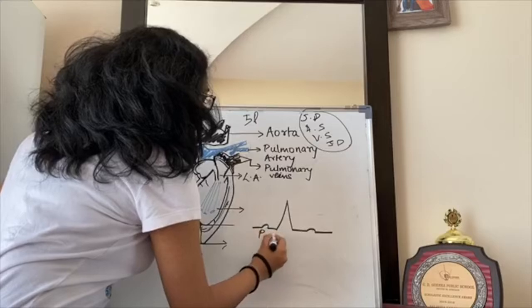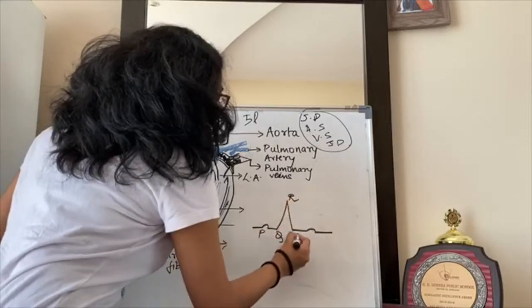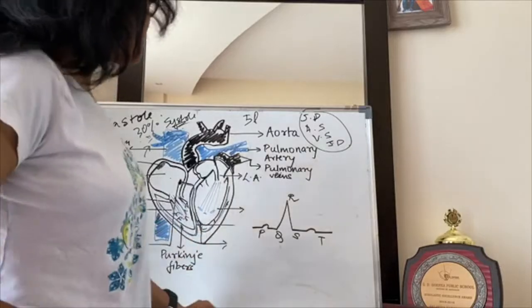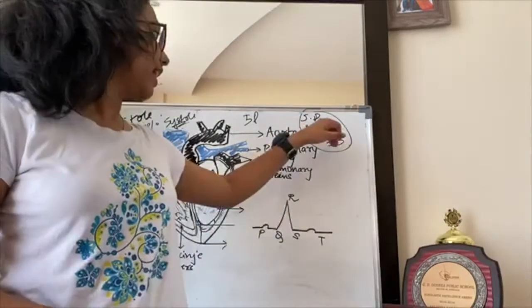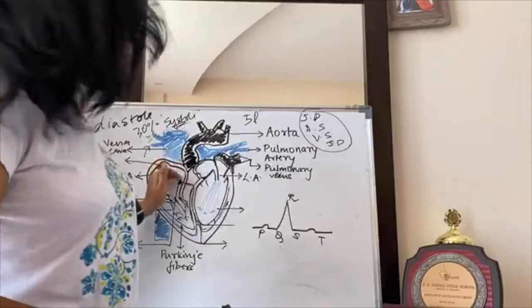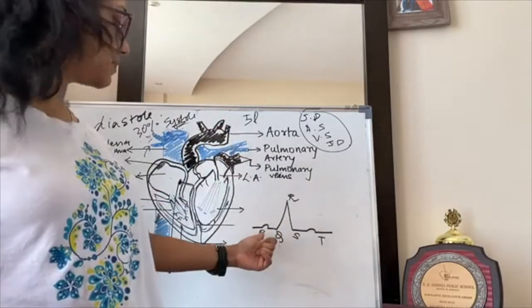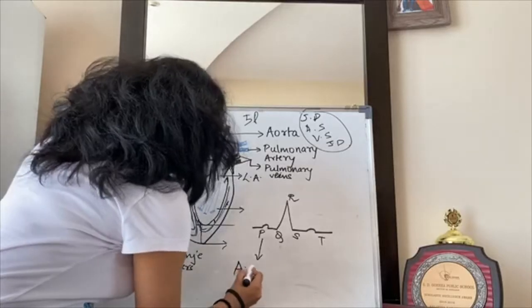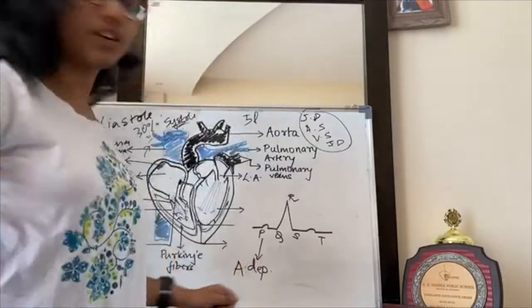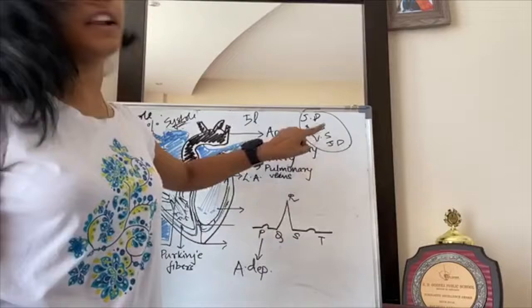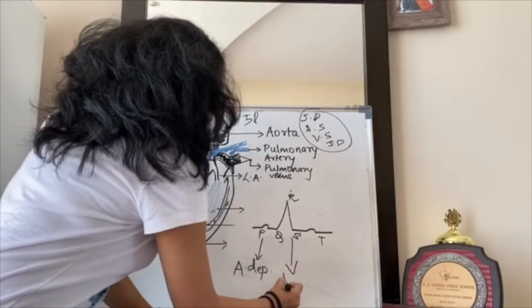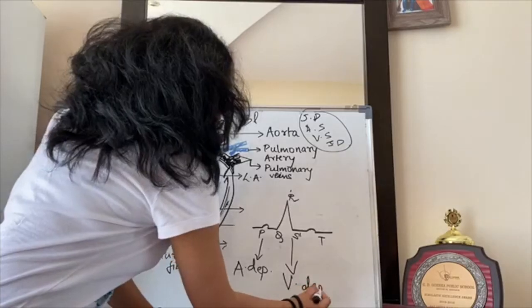okay, P, Q, R, S, T. Now how you have to remember this is, what is the first process? Atrial systole, right? Meaning the atrium is contracted. So this P wave is known as atrial depolarization. Okay, and now what is the second thing? Ventricular systole. So this QRS complex is known as ventricular depolarization.